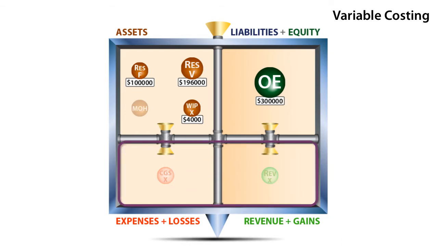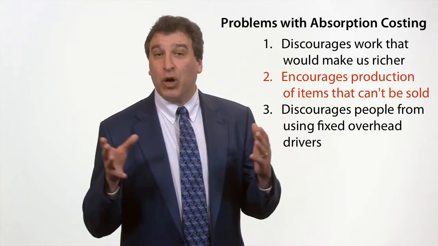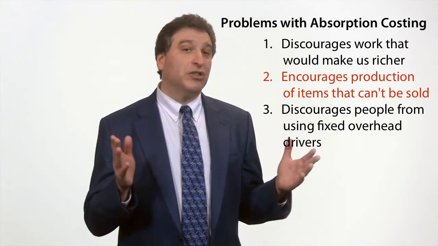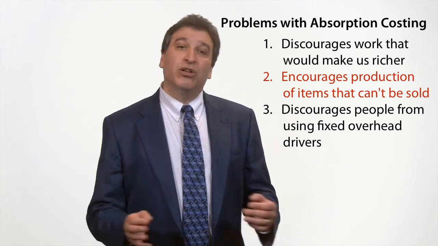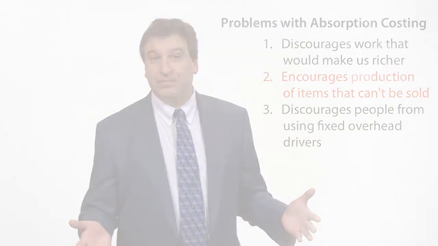We don't have to touch the income statement at all because making those shirts didn't throw manufacturing overhead out of balance, so we don't have to adjust cost of goods sold. So we've solved the second problem of absorption costing because under variable costing, we're no longer encouraging managers to produce what they can't sell.